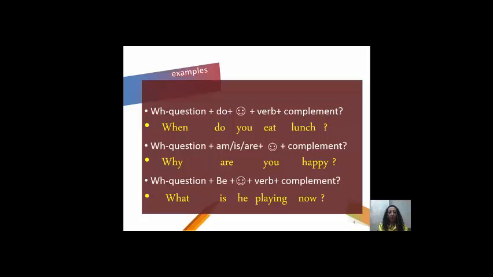This is how to make a WH question in a simple way. Make first a yes or no question according to the verb using a helping verb at the beginning. Then put a question word, when, why, what, or any other question word, to change it to a WH question.